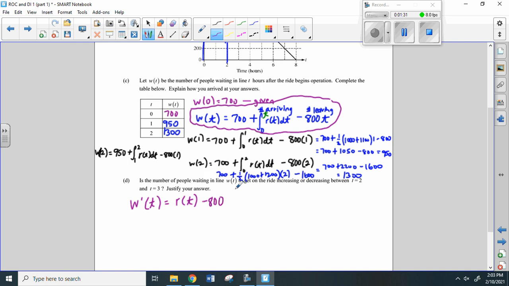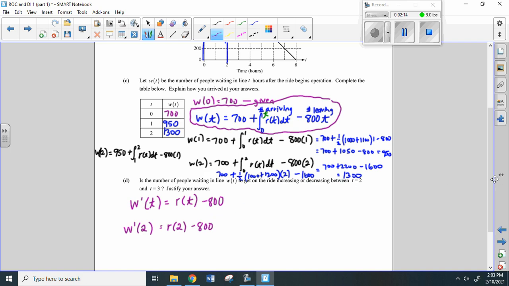Okay, so if I can figure out if W prime, the derivative of W, is positive or negative between 2 and 3, then I can answer this question, okay? So let's actually find W prime of 2, which is literally finding R of 2 and subtracting 800.